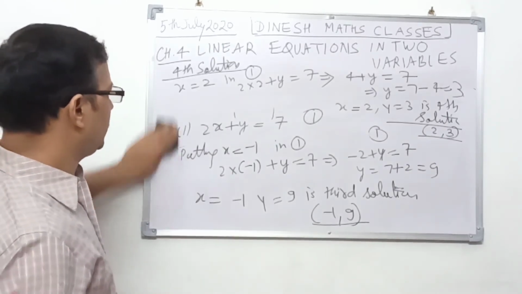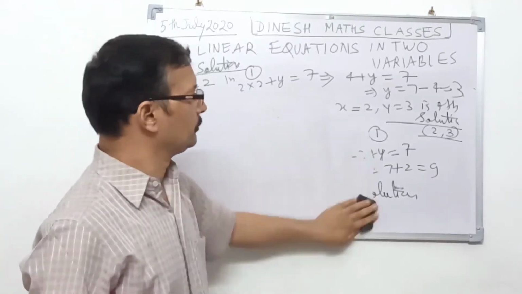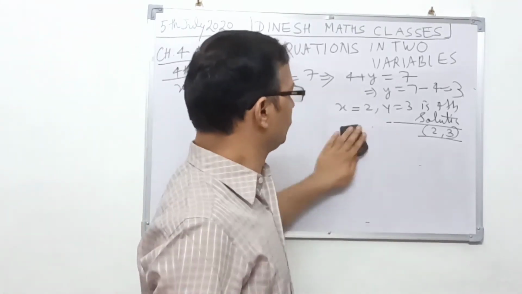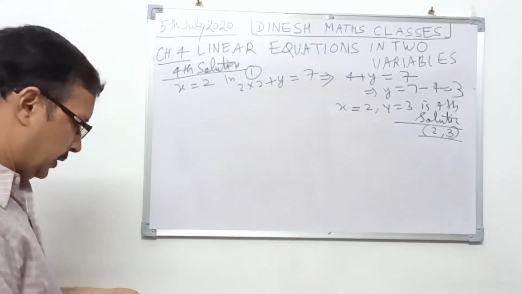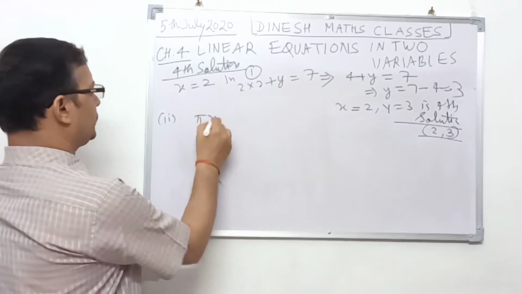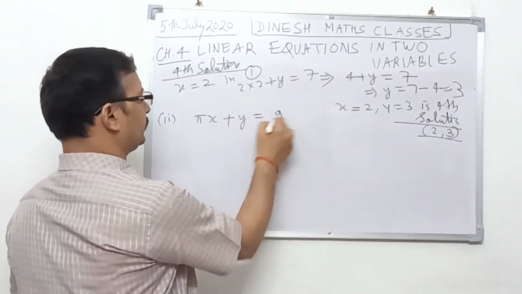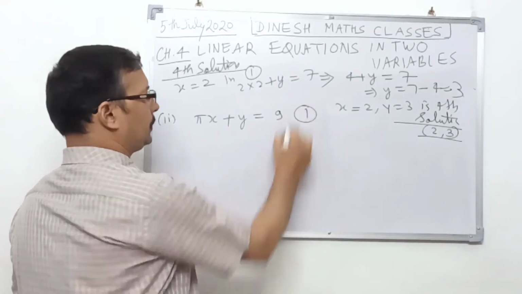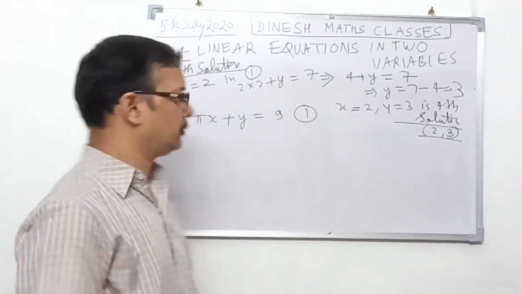Now come to the second part of question number 2. Pi x plus y equal to 9. This is the equation. Here you have to find 4 solutions for this equation also.